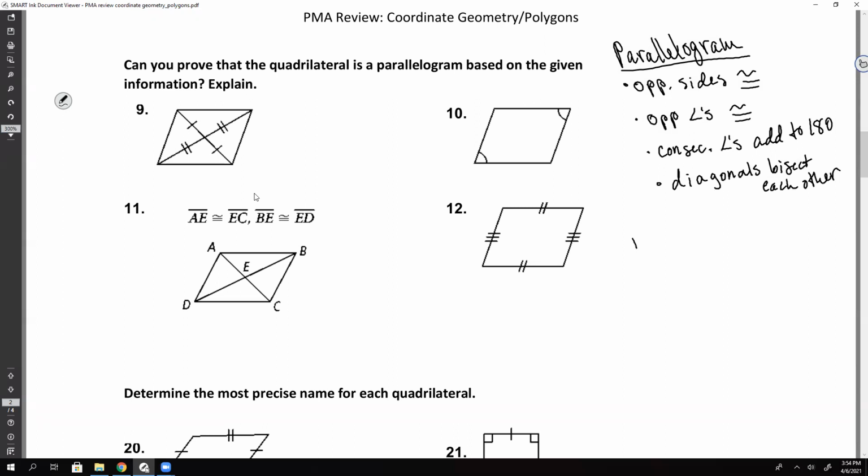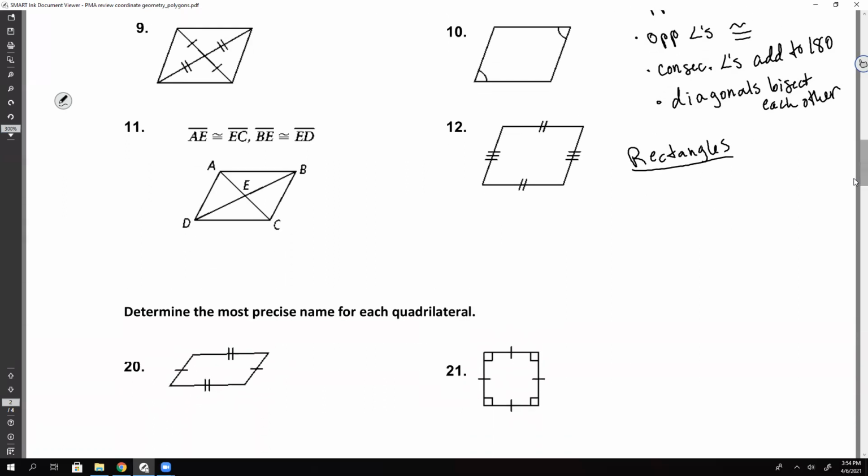And then we got rectangles. Remember, rectangles have everything that a parallelogram has. So all of parallelograms. But there's a couple of different things that are special for rectangles.